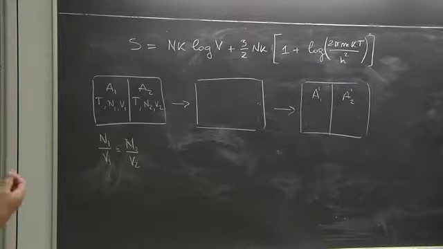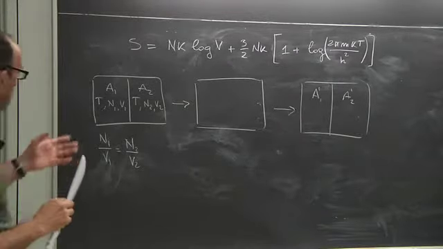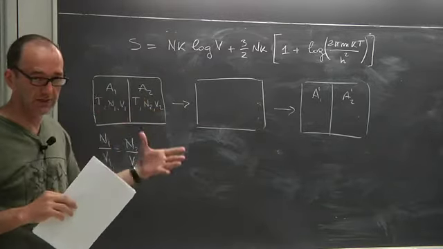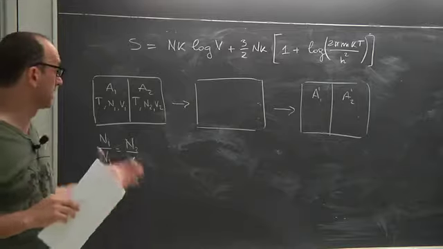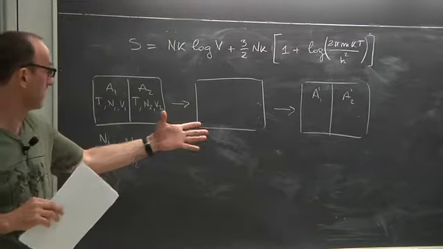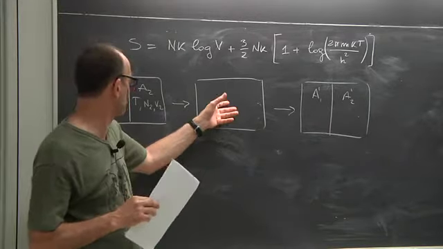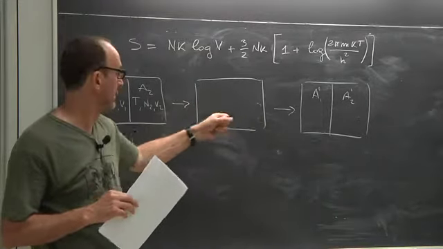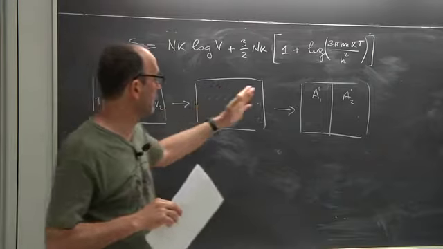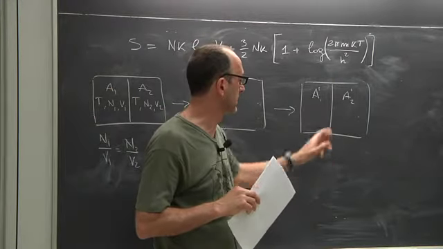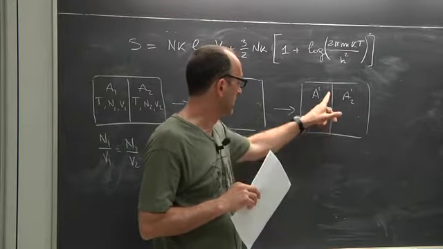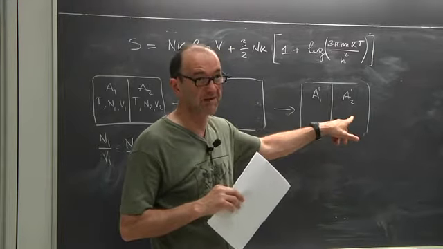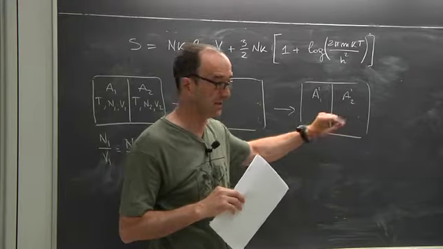Now, if the molecules of the gas in system 1 and in system 2 are different, then this is an irreversible transformation, because at this stage the particles will mix, and when you put back the wall between the two systems, you will have a different macroscopic system.